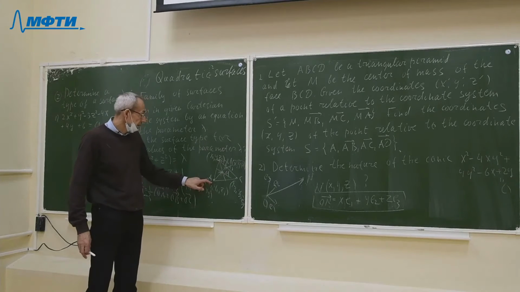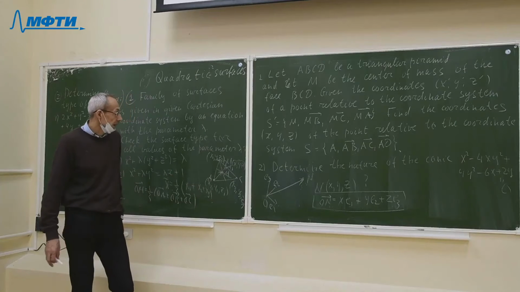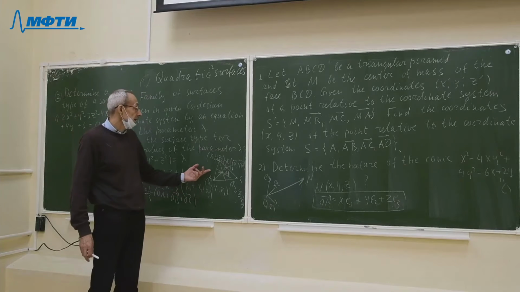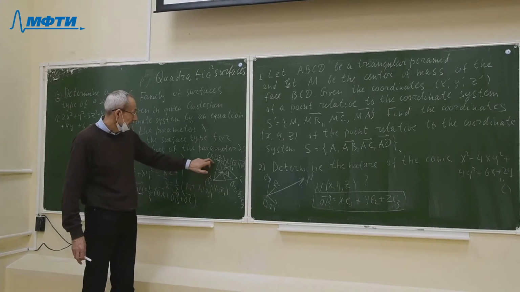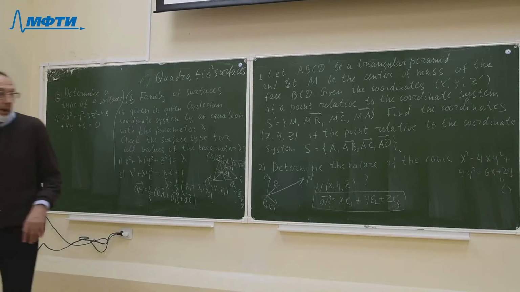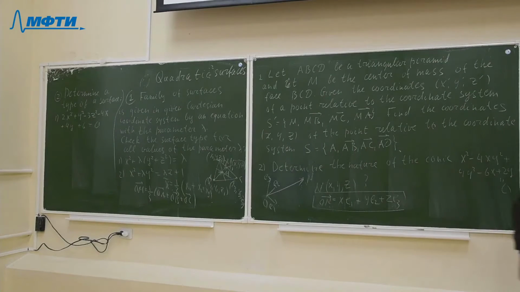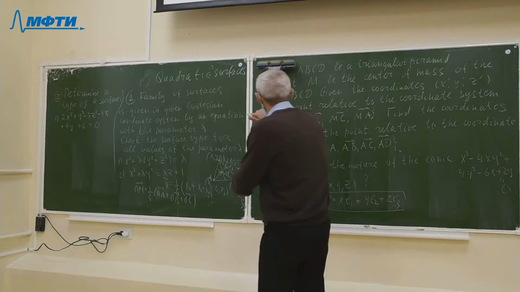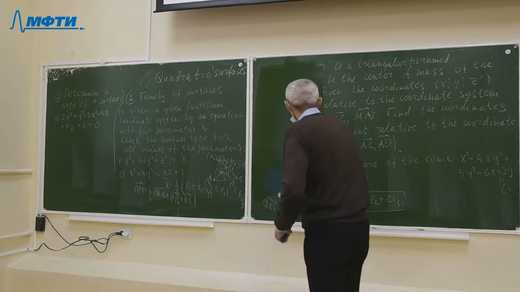It is easy to see that the vector AA1 is equal to half of the sum of AB and AC. I will try to explain this formula in detail.